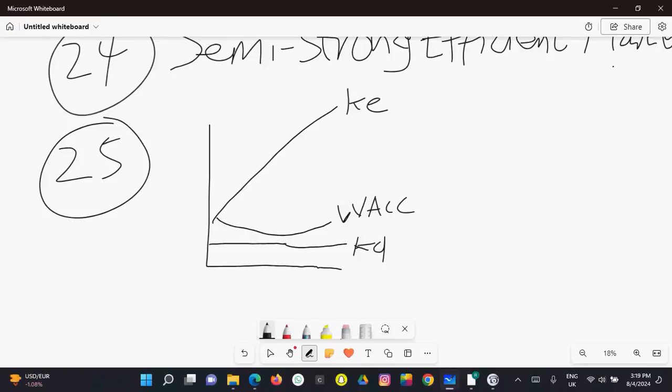You can see that even though debt has some kind of tax shield, if debt is increasing, the cost of equity increases. I've explained this in a video on this channel, so you can quickly check that.